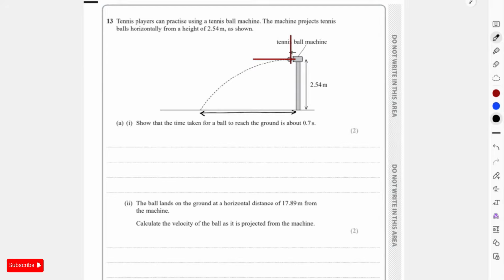Now, if time is unknown and distance is unknown, there's no use of having whatever the horizontal component of the initial velocity was. Also, we're not provided with the initial velocity, so we do not have the actual value of the horizontal component. So in this case we just have to stick to the vertical motion. In vertical motion, obviously, in this case the displacement will be in the downward direction like this.